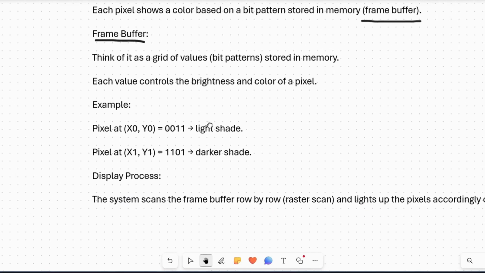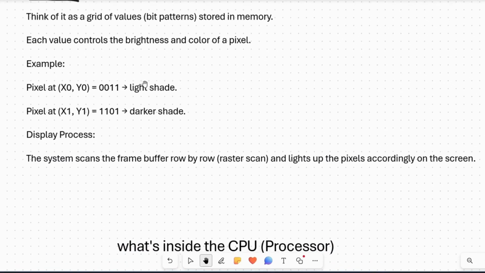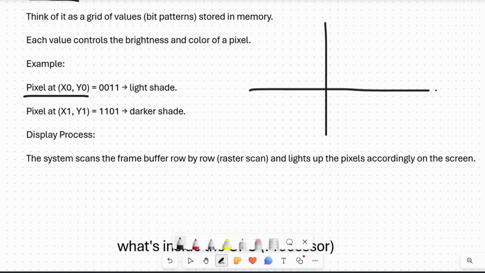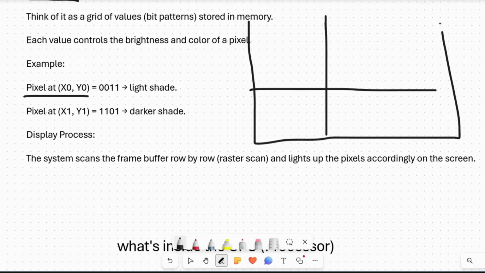For example, let's take an x-axis and y-axis. Say this is our monitor, and here is x0 y0, and here is x1 y1.